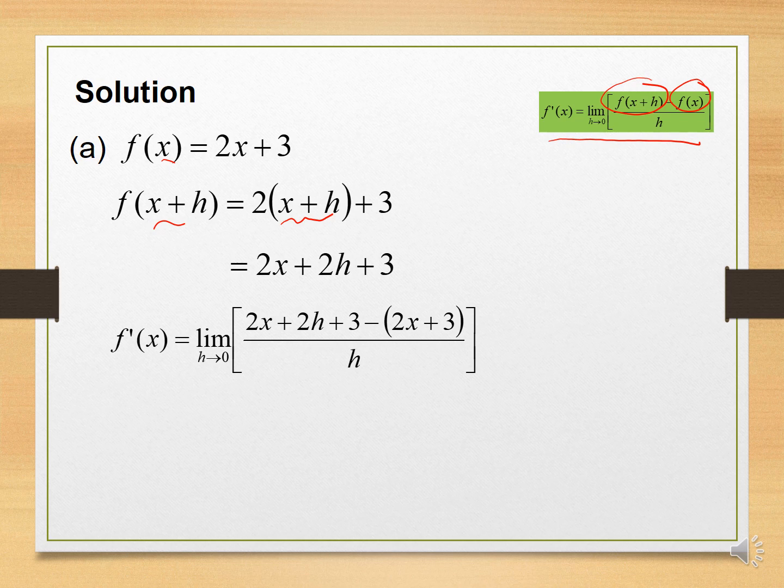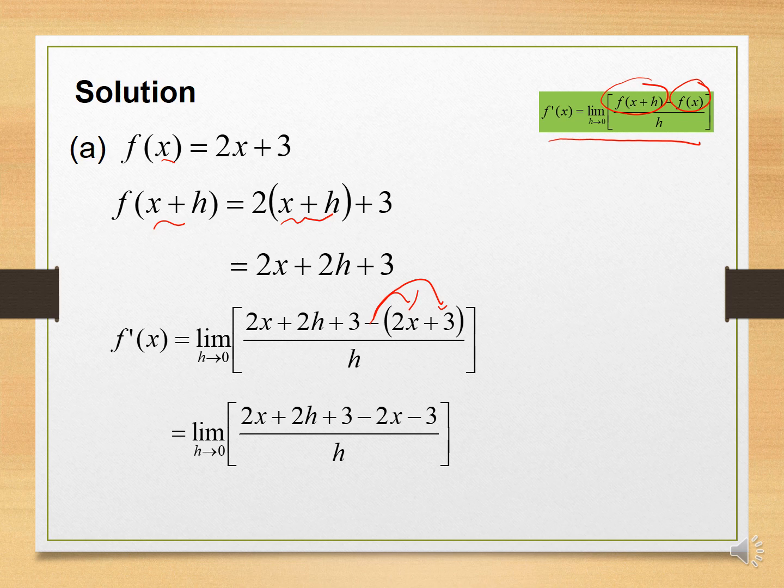Following that, we expand the negative in the bracket. So you will get 2x + 2h + 3 - 2x - 3, where you can cancel out both: 2x minus 2x is 0, and 3 minus 3 is also 0.